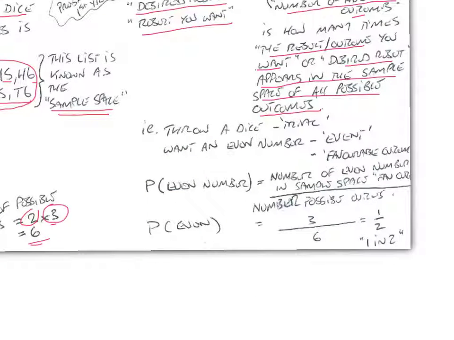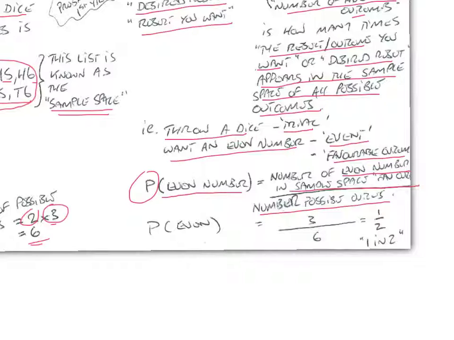So if we were to throw a dice, that's our trial, and if we want an even number, that's the event or the favourable outcome we're looking for, then the probability P, and in brackets we write the event, even number, is equal to the number of even numbers in the sample space, okay, divided by the number of possible outcomes.